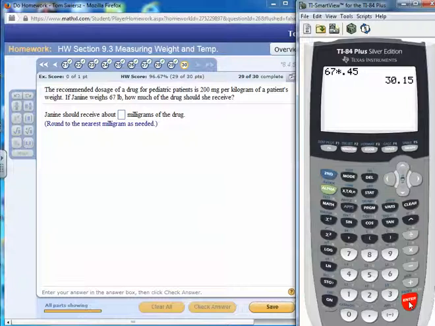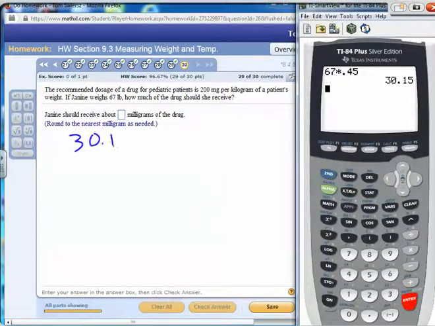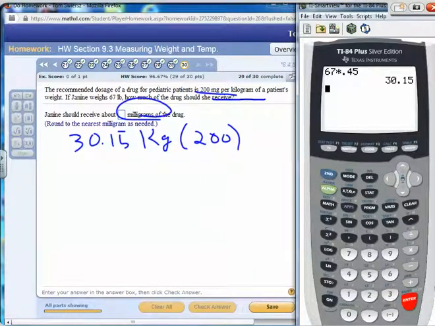So now again, this person weighs 30.15 kilograms, and there's 200 milligrams per kilogram here, so you would just multiply 200 for each one of these, right? 30.15 of these times 200, and that would give us the milligrams, and we're going to round to the nearest milligram, which is a whole number, okay?